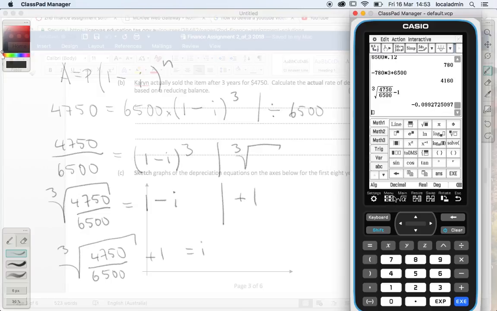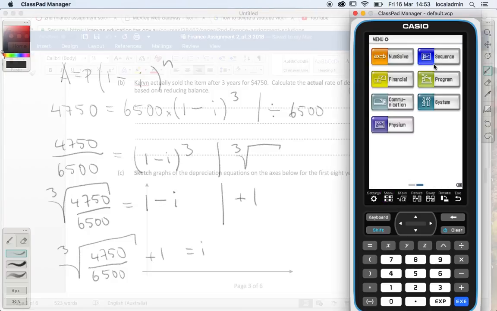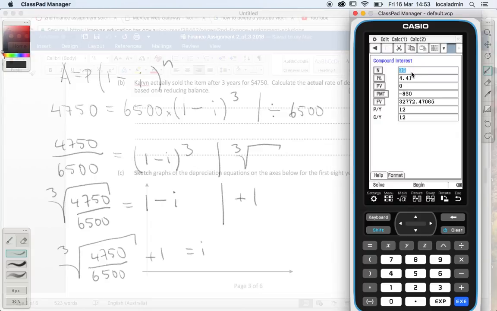Let's see if we get that using the calculator as well. So there is menu, there is finance, goes on for 3 years, happens on an annual basis. Future value is 4,750, and we make no regular payments, and we start with 6,500, and then we're solving for this one, sorry, it's a negative, and there's our interest rate.